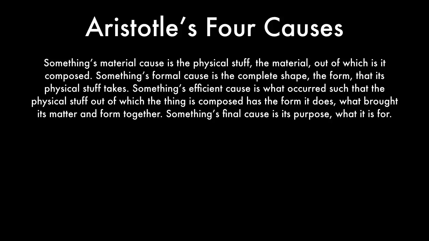And something's final cause is its purpose, what it's for. As you'll notice, the efficient cause is the only one here that bears a resemblance to what we call causation today. The other three, remember, even though we're using the term cause because that's how it's generally translated, might better be called reasons or grounds or even explanations for the thing.